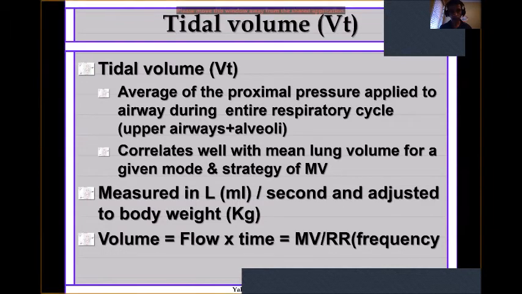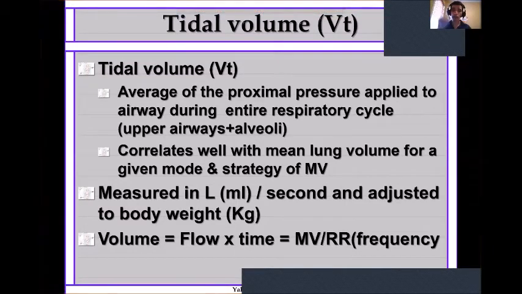And it's very important to remember that volume depends on time. So if you want to change the volume, the machine will change the time of the flow, because flow produces both pressure and volume. Flow over time, you get volume.